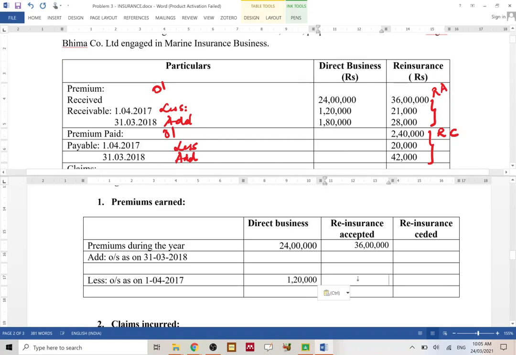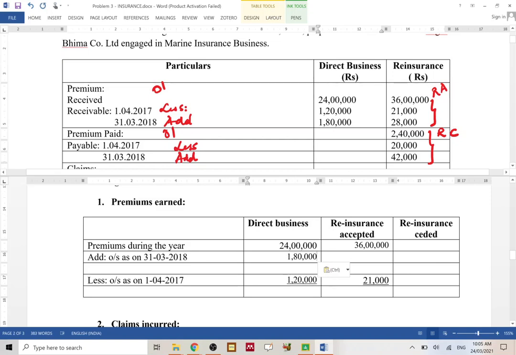Am I right? So once you have done this format, you figured out this format, you just have to enter those amounts respectively wherever they belong. Okay, so 21,000. Now, next we have outstanding as of 31st March 2018, current year. Okay, so current year we are supposed to add the amounts, add outstanding. So on direct business, add outstanding is 1,80,000.